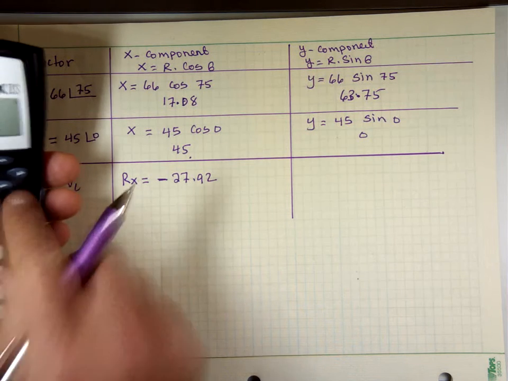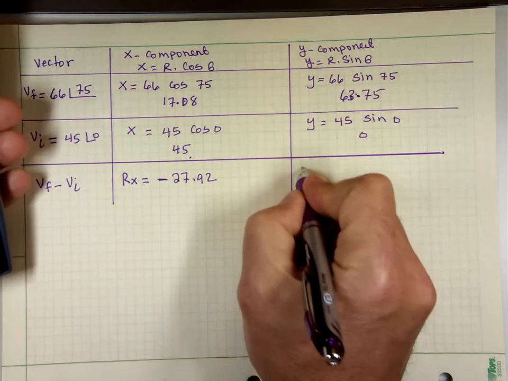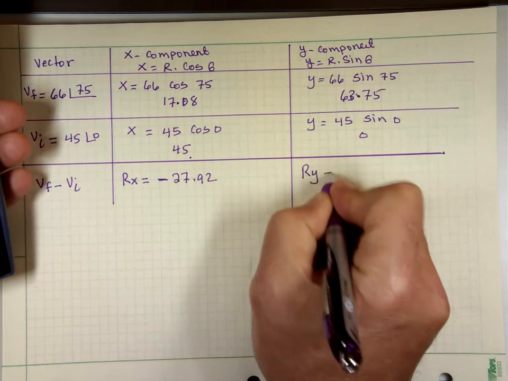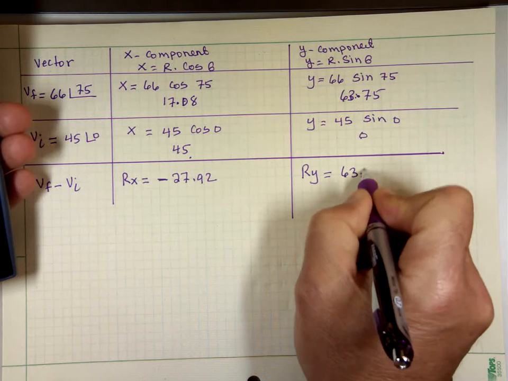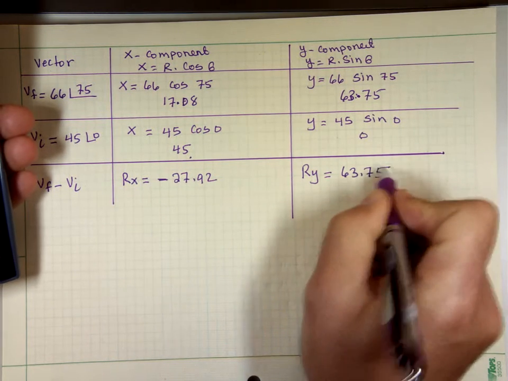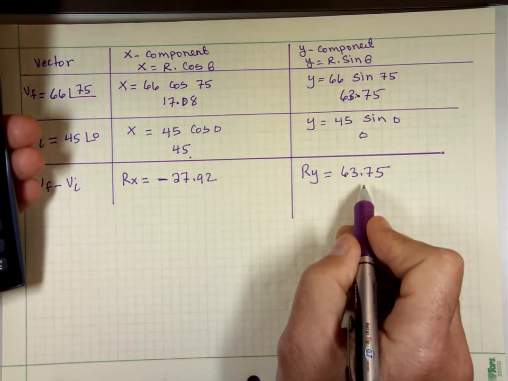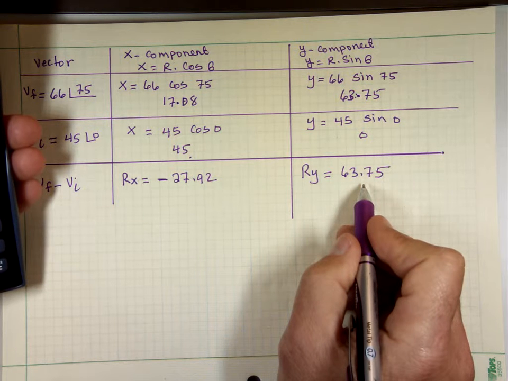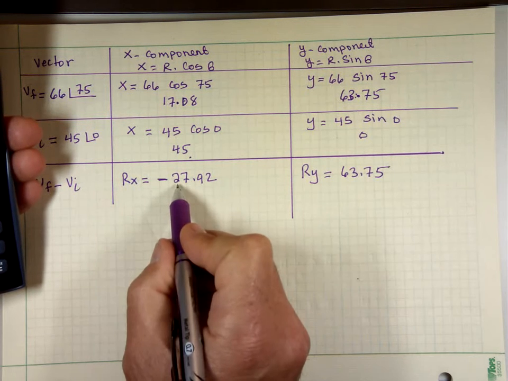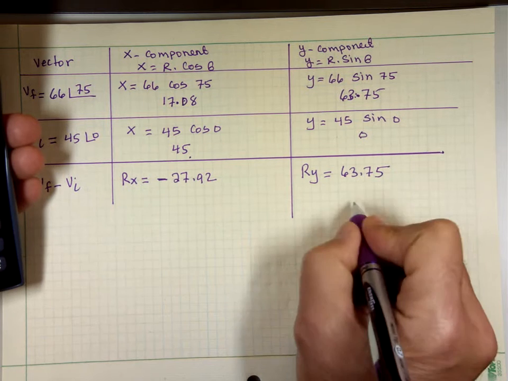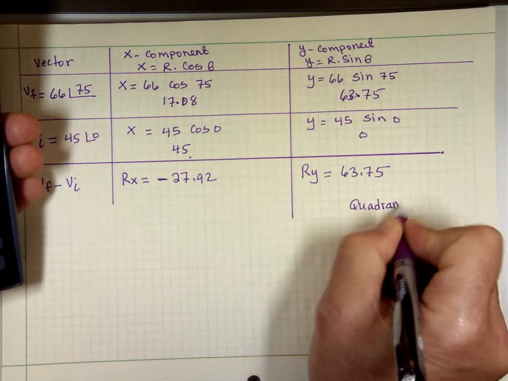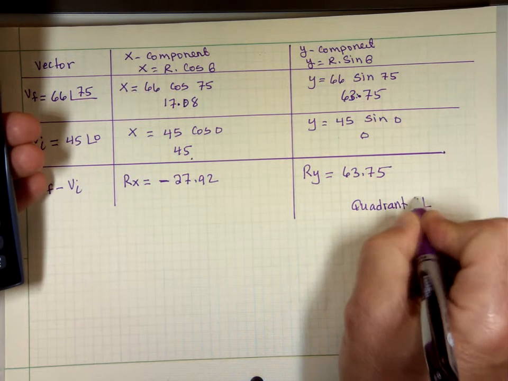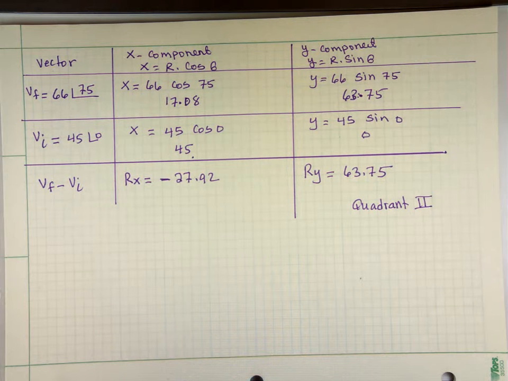The result in Y is going to be this one minus this. Notice X is negative, Y is positive. Which quadrant are you in? X is negative, Y is positive. Quadrant 2. That means you have to add 180 degrees to your answer.